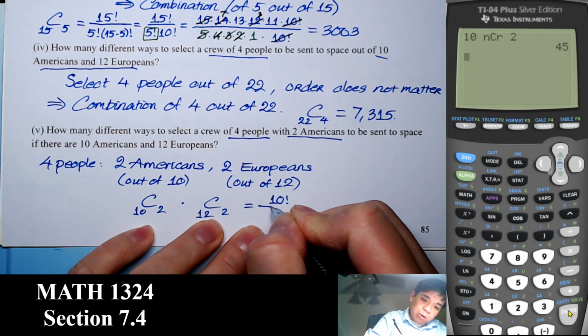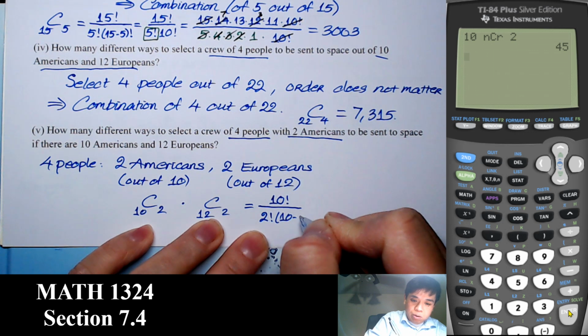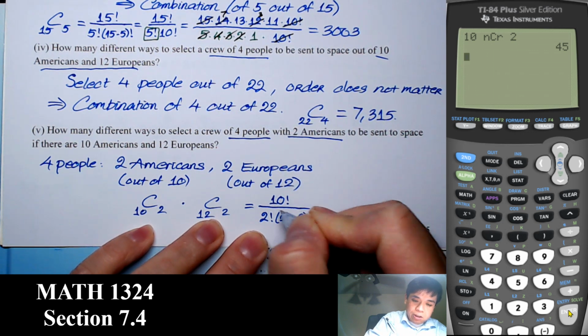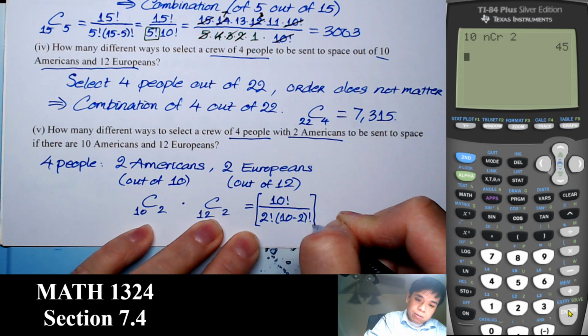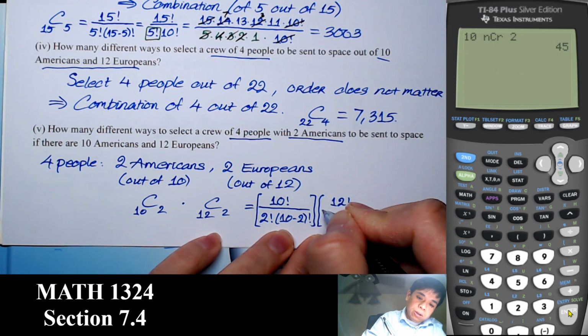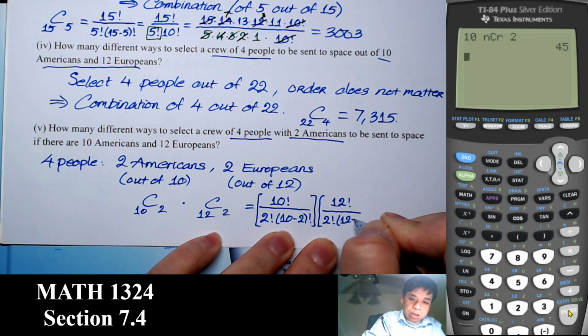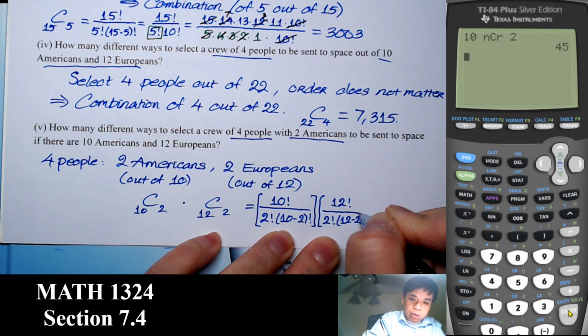10 factorial over 2 factorial times 10 minus 2 factorial, and then 12 factorial over 2 factorial times 12 minus 2 factorial.